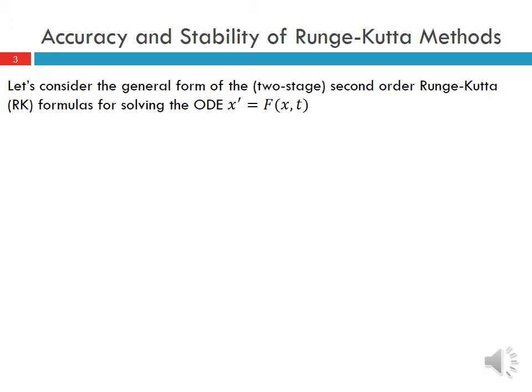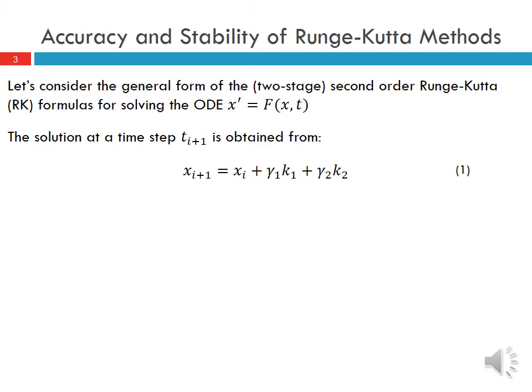First, let's consider the general form of the two-stage second order Runge-Kutta method, which we can call RK, or sometimes RK2. We're using this to solve an ODE of the form x prime is equal to f of x and t.